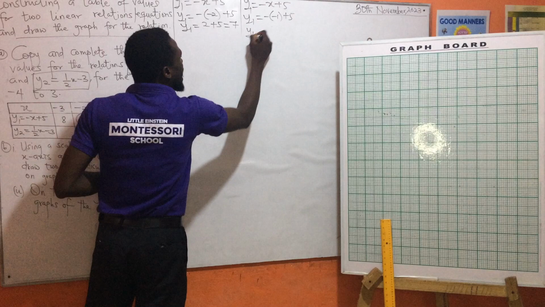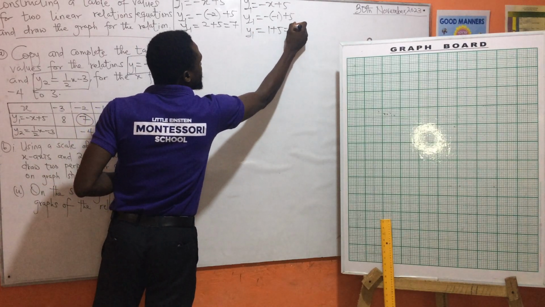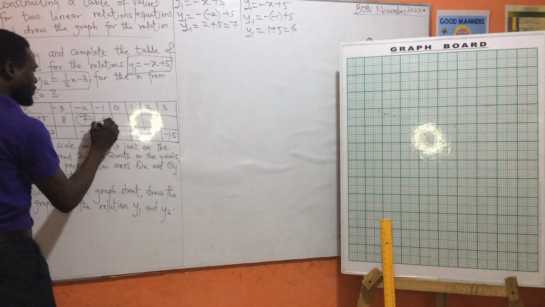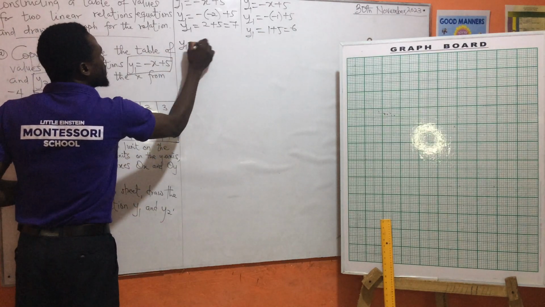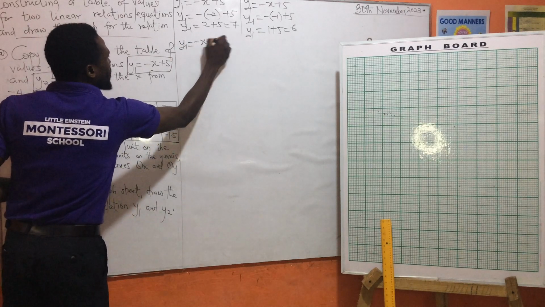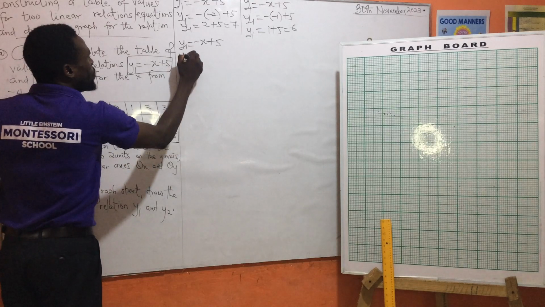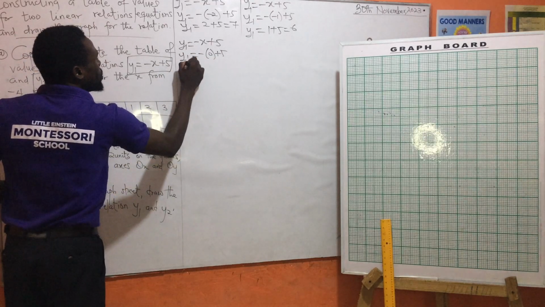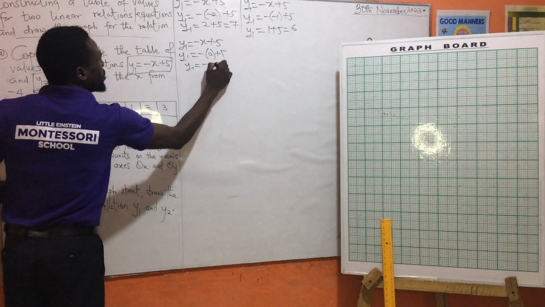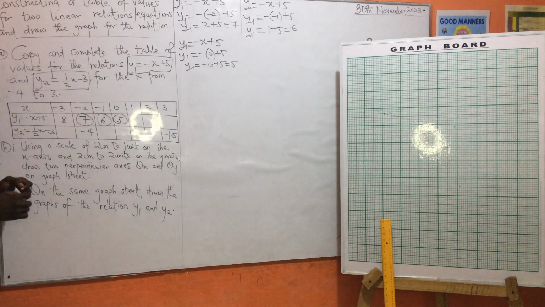This gives you y1 is equal to 1 plus 5, which is 6. So we have it there, then we circle it. Then again, y1 is equal to negative x plus 5. This time x is 0. So y1 is equal to negative 0 plus 5, which gives you 5. We write it there.